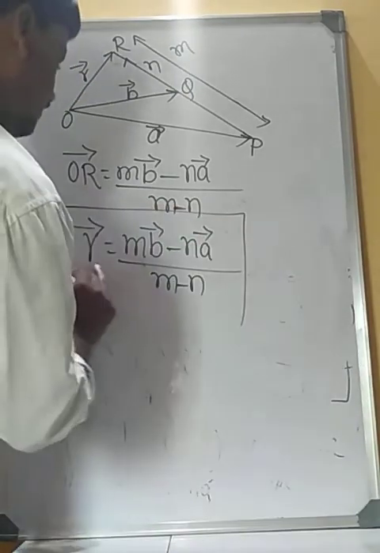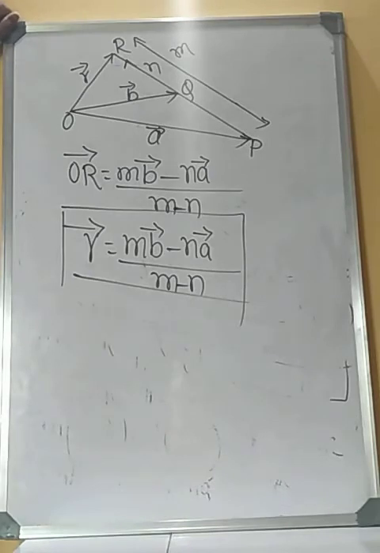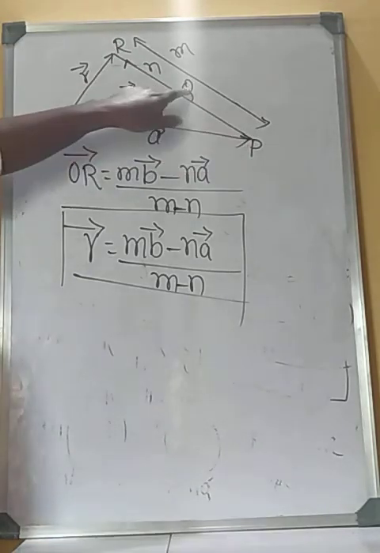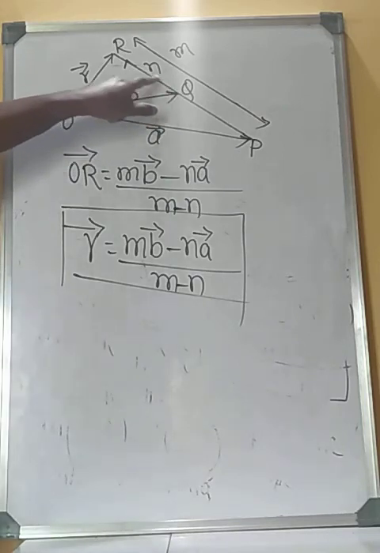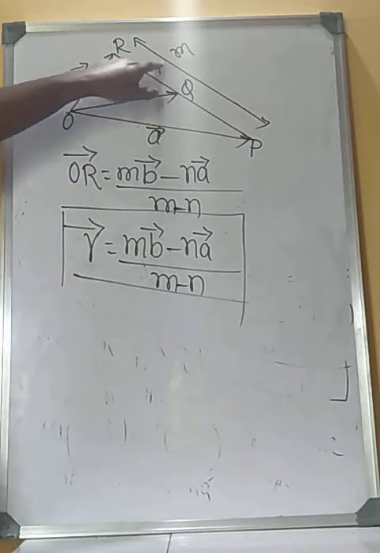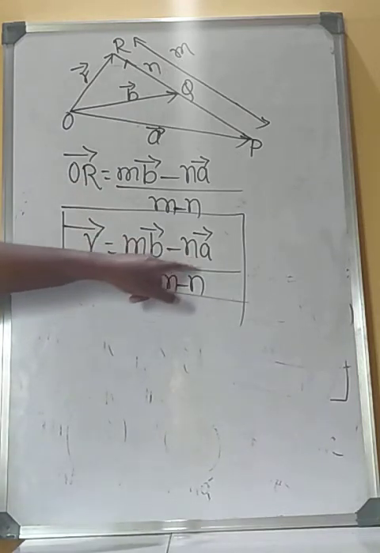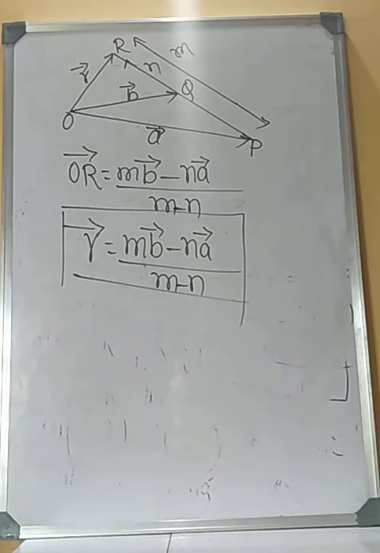This is the position vector of the point R, which divides P and Q externally in the ratio m is to n.